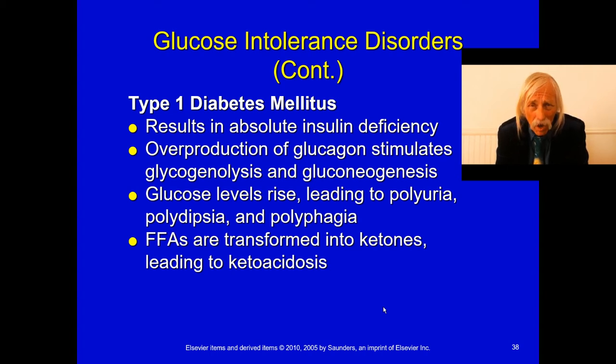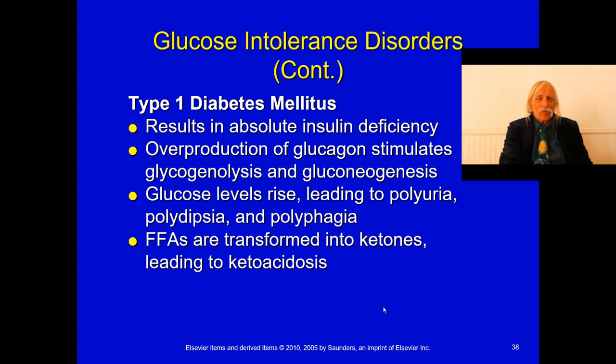Glucose levels will rise according to this paradigm, and that can lead to polyuria because of the kidney malfunctioning from all the high circulating glucose, polydipsia, and polyphagia. These are all part of the initial disorders associated with T1D, type 1 diabetes.